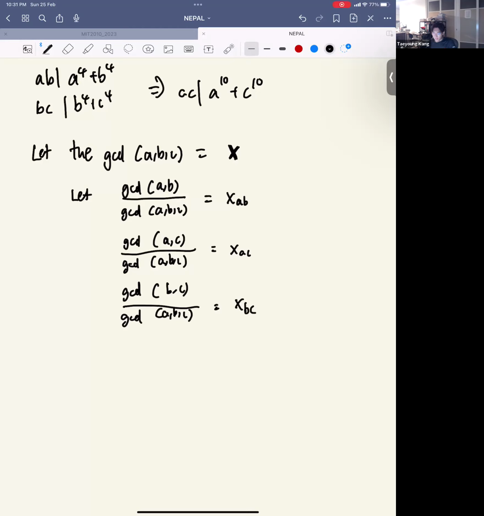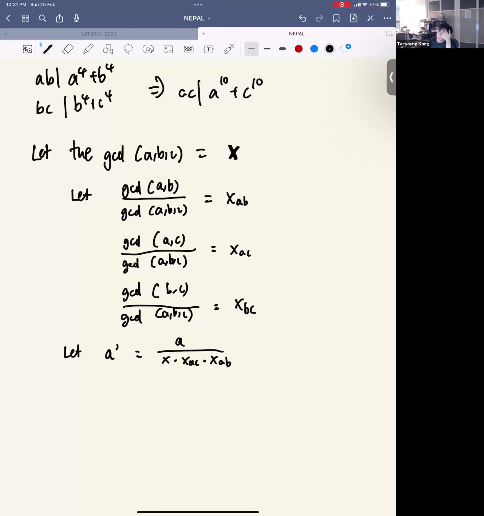And let A prime equal A divided by X times XAC times XAB.